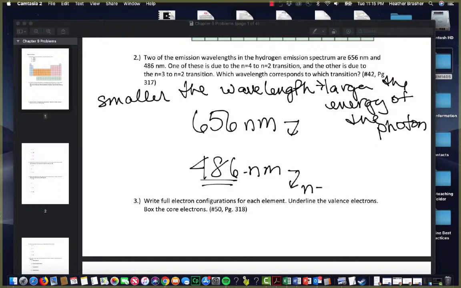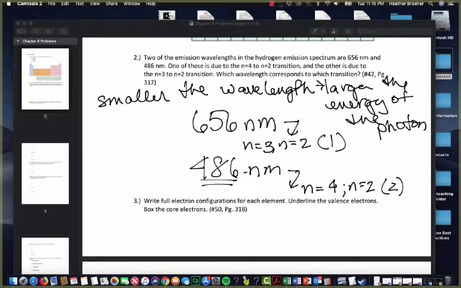This one is going to be equivalent to the n equals 4 to n equals 2, because that's 2 different shell transitions for that emission transition. And the other one, if you look, is n equals 3 to n equals 2. That's only 1.